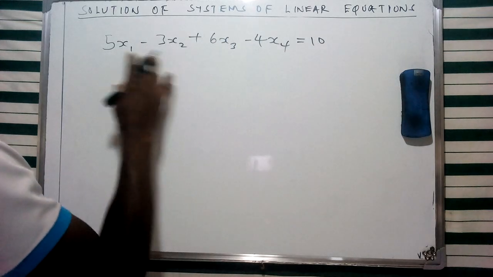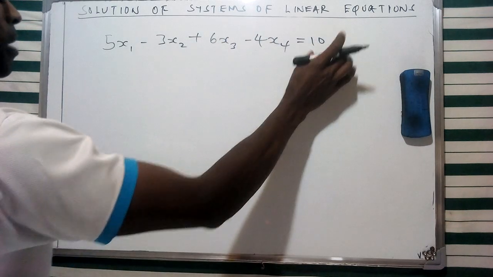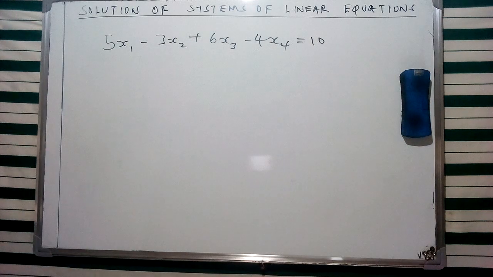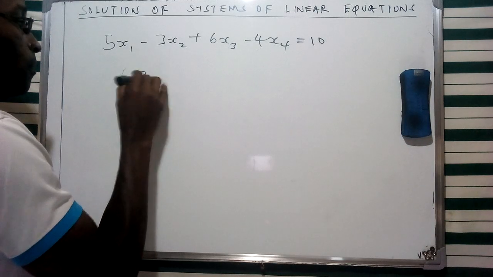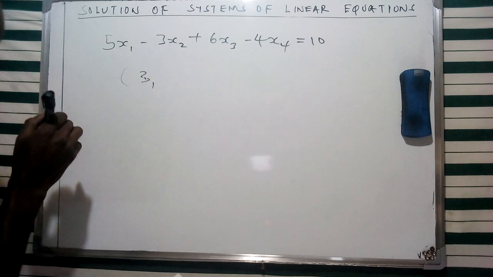And if this set of numbers is in agreement with this specific equation, then it's going to form a solution set to this specific linear equation. And therefore I'm going to give this specific set of numbers: 3, 5, 3, and 2.